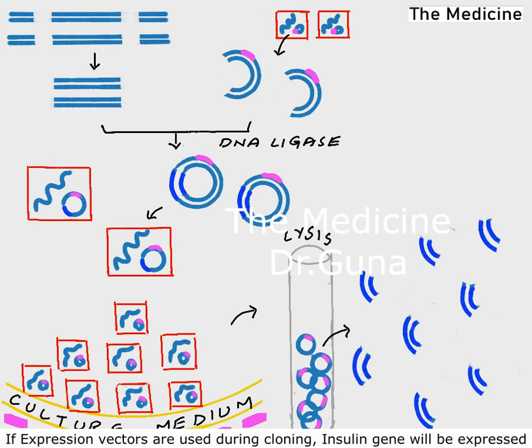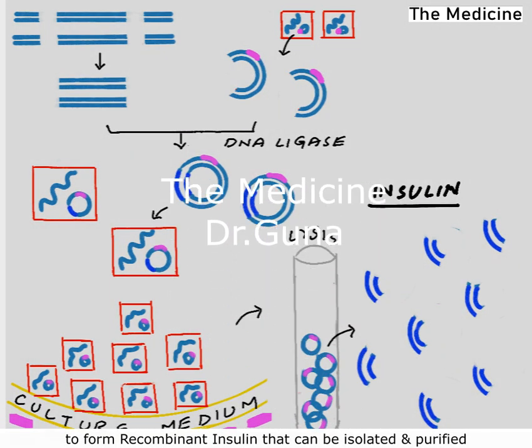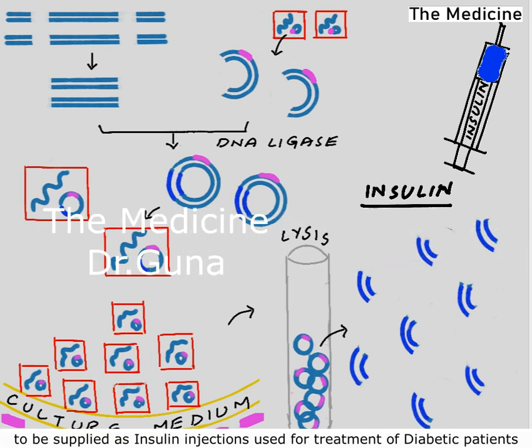If expression vectors are used during cloning, the insulin gene will be expressed to form recombinant insulin that can be isolated and purified to be supplied as insulin injections used for treatment of diabetic patients.